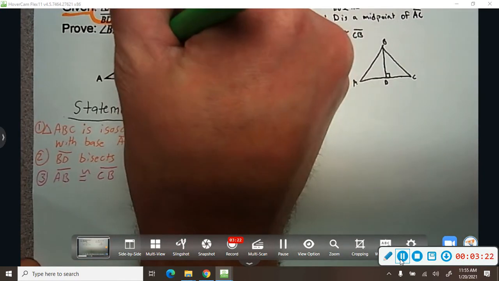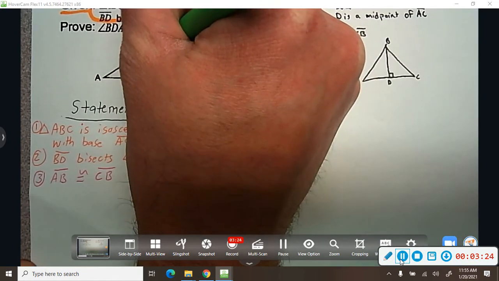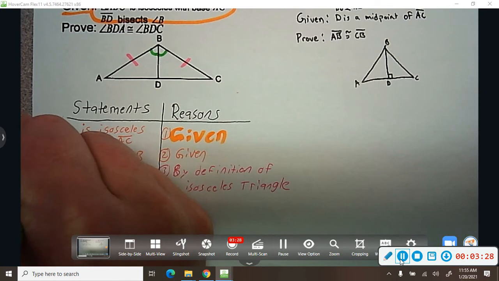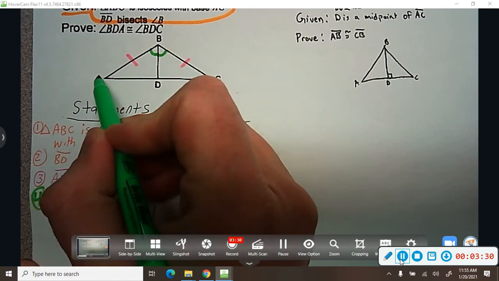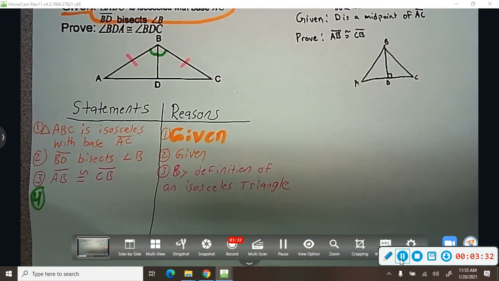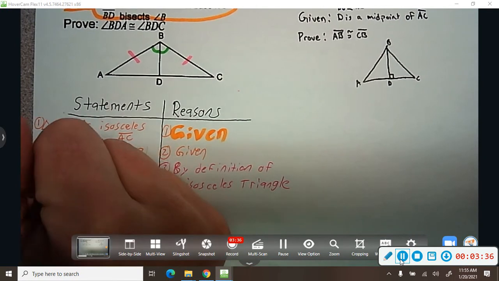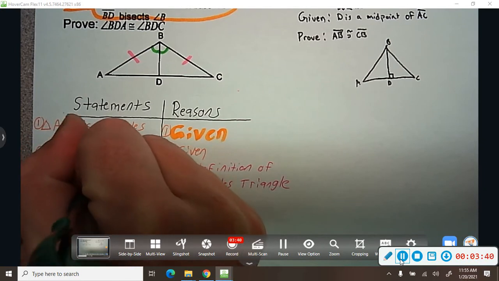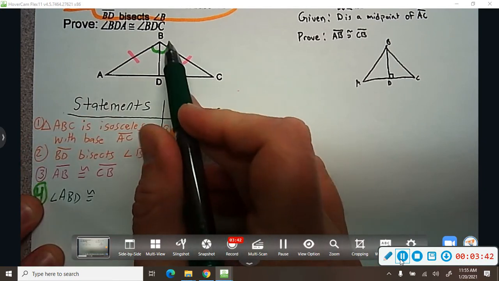So now I know that this is congruent to this. So that'd be my step 4. The angle ABD is congruent to angle CBD.